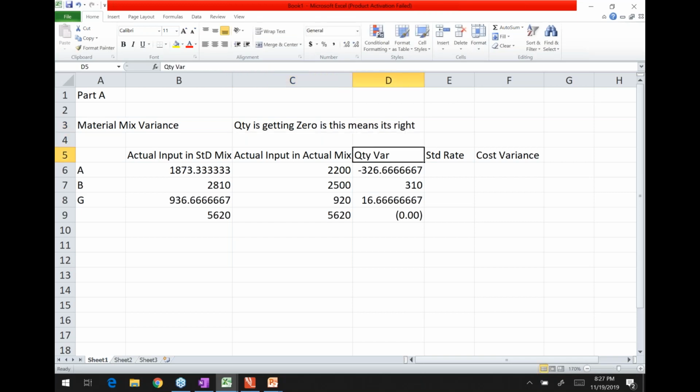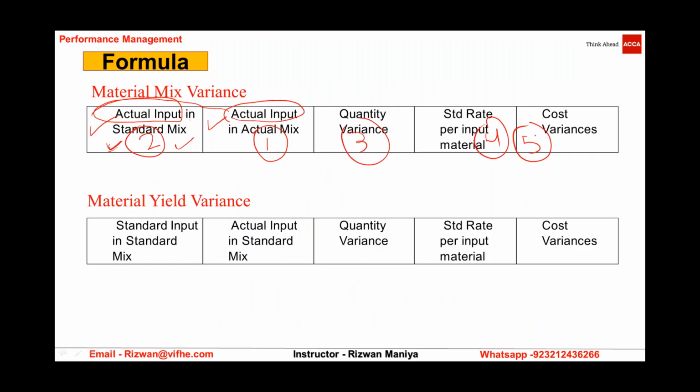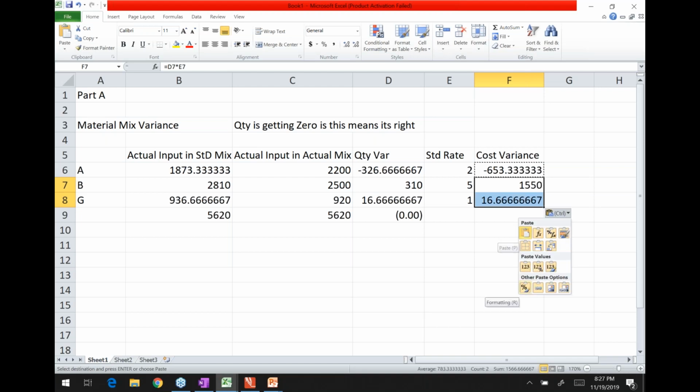Now, the standard rate, it's simple. 251, 251. I can see the numbers here. I'll multiply the quantity difference with the rate. You can see a simple multiplication formula, and 653. Just copy paste, and I am getting the other answers as well.